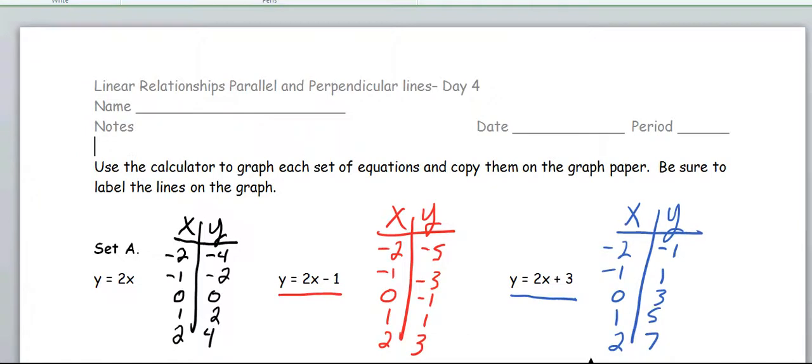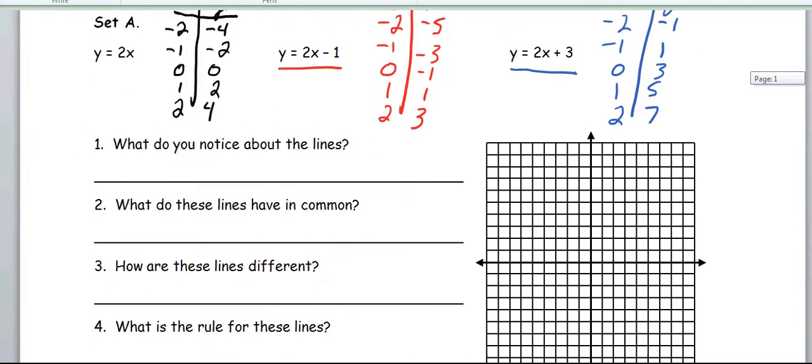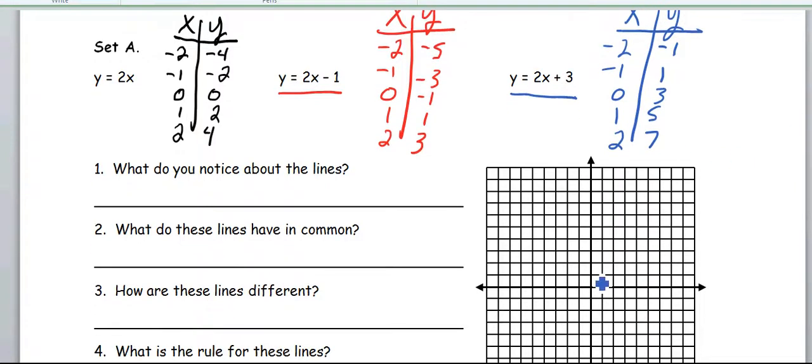Let me go ahead and open this up a little bit so we can see it a little better. So let me do my blue line first. So I have -2, -1, and -1 and 1, 0 and 3, 1 and 5, and 2 and 7.